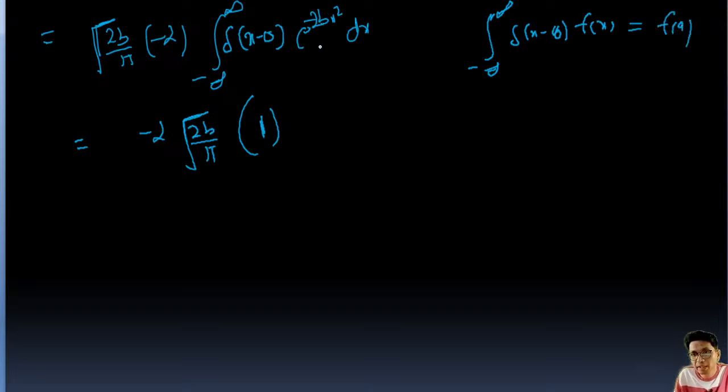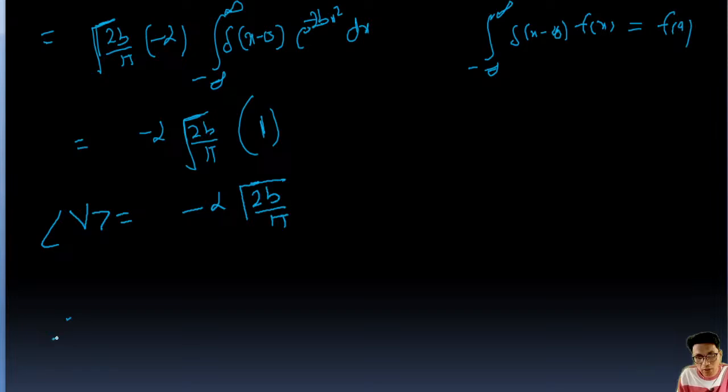So e to the power minus 0 is 1, because 0 lies between minus infinity and plus infinity. So this is the expectation value of the potential energy V. This is minus alpha root 2b upon pi.